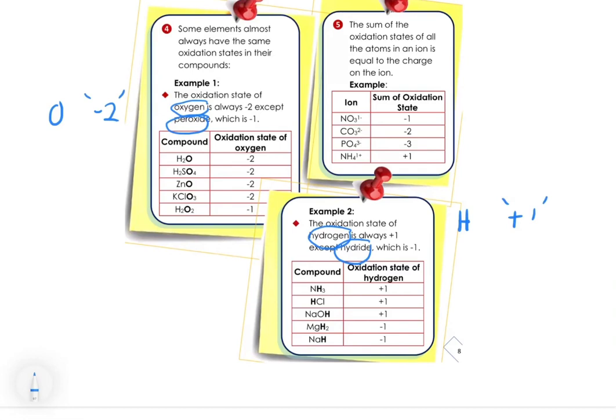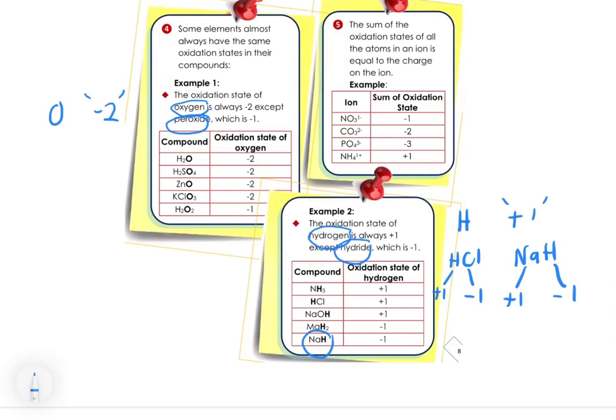Let's look at some examples for hydrogen. For example, in HCl, H is +1, so Cl is -1. But in metal hydride, such as NaH, Na will be +1, so hydrogen is -1, because sodium is a very electropositive metal.